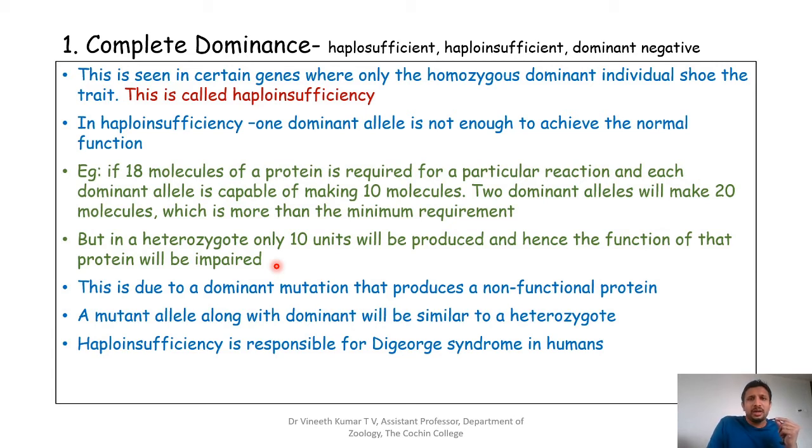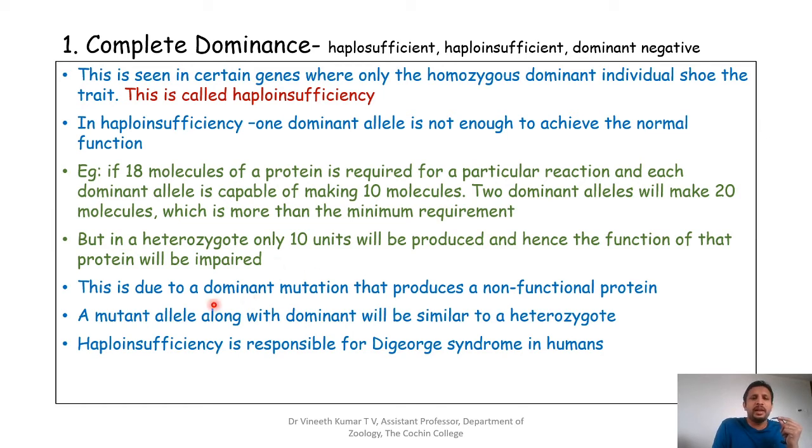In every gene you term it like that. What is normal is called wild type, and that is considered dominant because it is expressed by more individuals in a population.